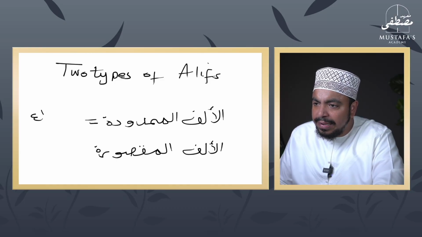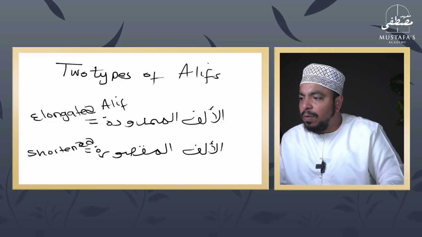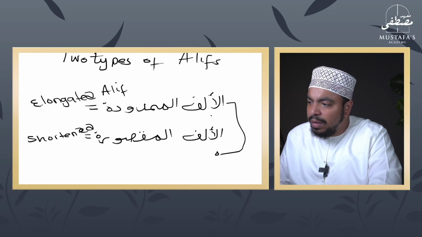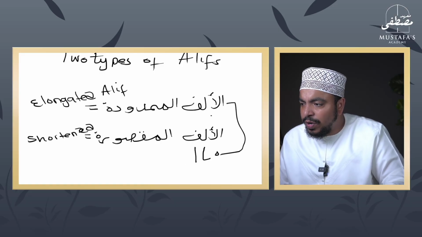This is the elongated alif. Elongated alif. And this is the shortened alif. And what's the difference between the two? This one looks like this, alif like that, or alif like this. Okay? A straight one.